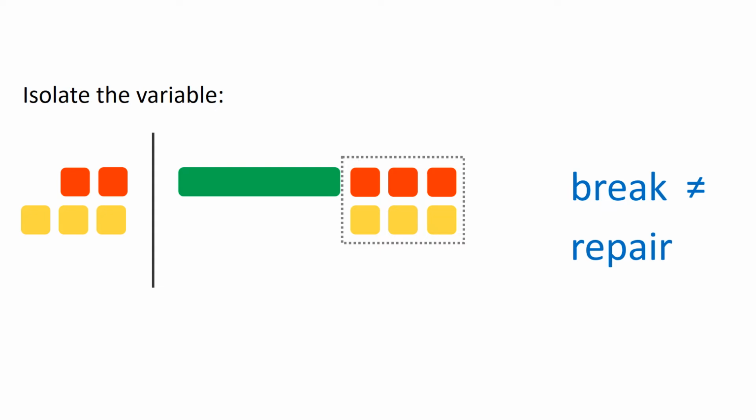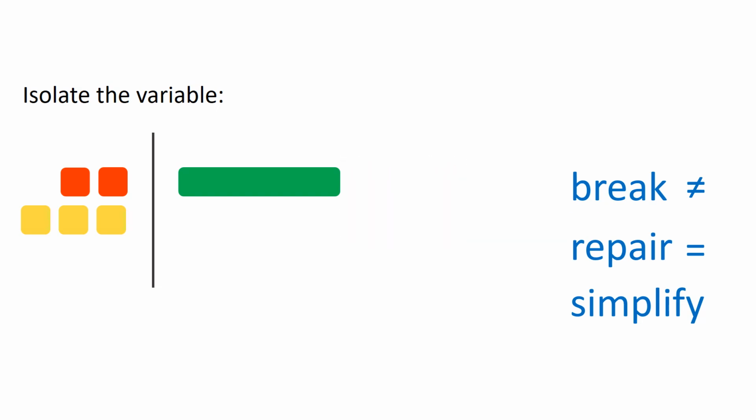So by adding 3 yellows or 3 positives into the model, we can now simplify, looking for 0 pairs. And on the left-hand side, we do have 2 0 pairs there highlighted in the box. So we can simplify that, and we have now isolated the variable.